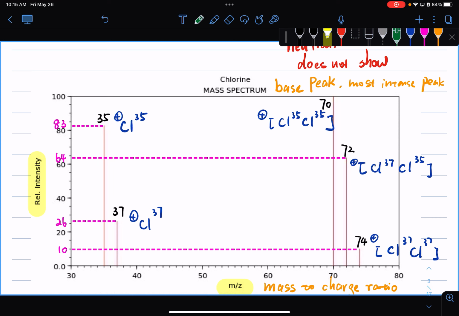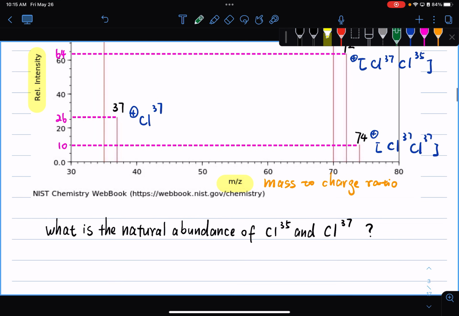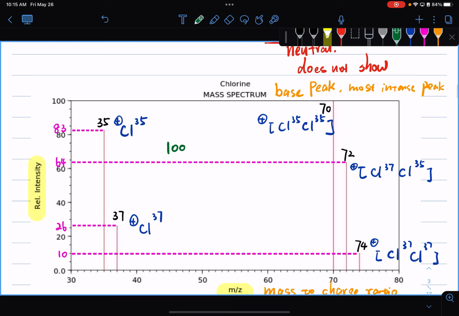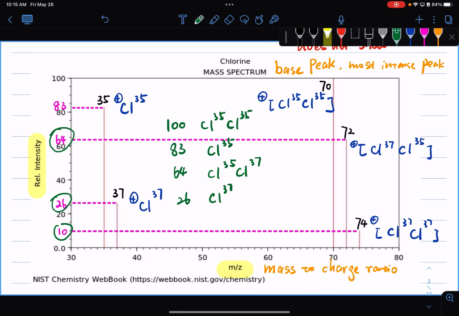If we read this entire diagram, what we can tell is we have 100 for chlorine 35, chlorine 35. We have 83 for chlorine 35 itself as an atom. We have 64%, that's the 64 we're talking about, for the chlorine 35, chlorine 37. And we have 26 for chlorine 37, and we have about 10% for your chlorine 37, chlorine 37.